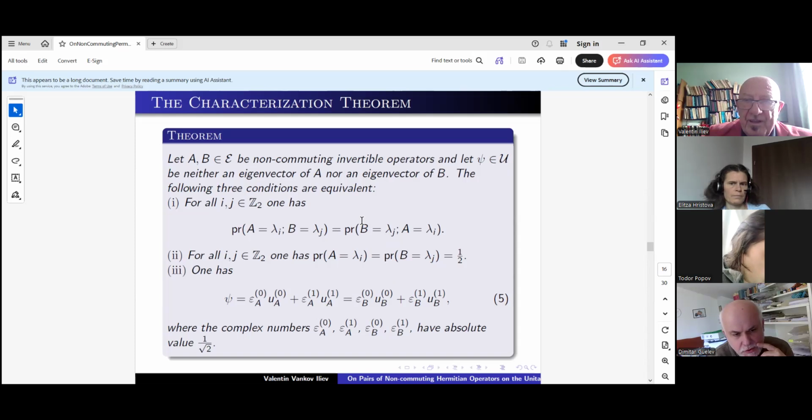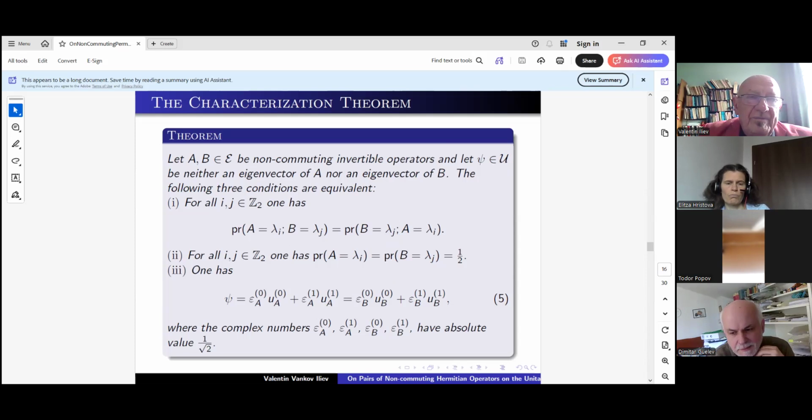This is a probability definition of permutable measurements, and commuting measurements is another story. The operators commute. Yes. So these are conditional probabilities here with the semicolon, not a slash. Okay. Yes.